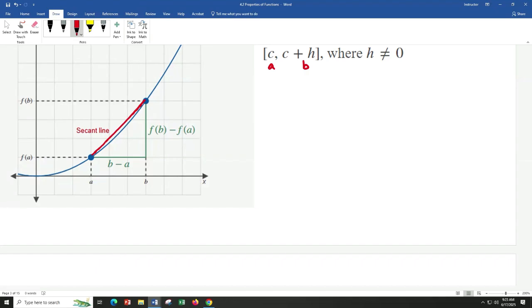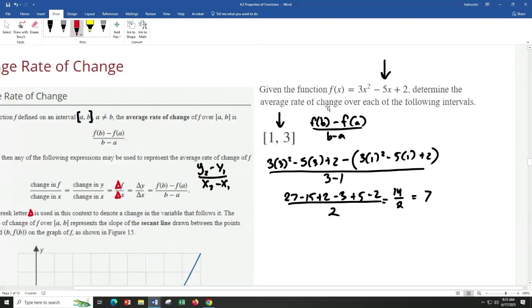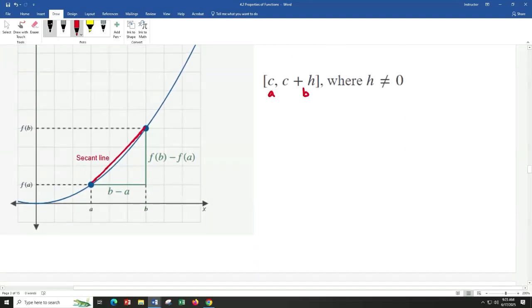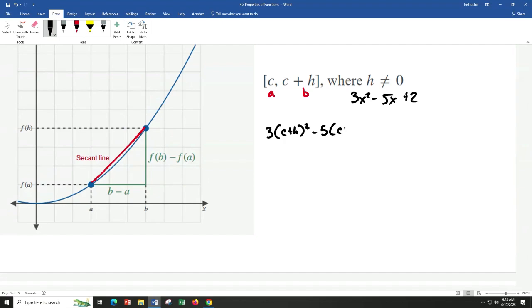Okay. So notice I would come in here and replace it the same way again. Let me pull back down that function so that we can see it. I've got 3x squared minus 5x, plus 2. Yes, plus 2. Okay, so notice I have an A and a B. My B is going to end up being 3 times (C plus H) squared minus 5 times (C plus H) plus 2.